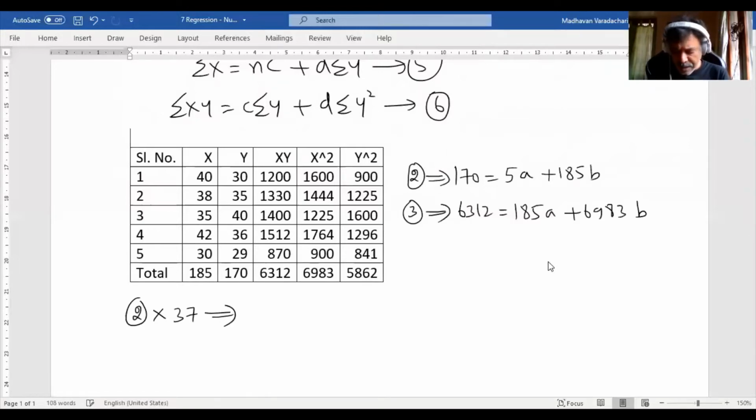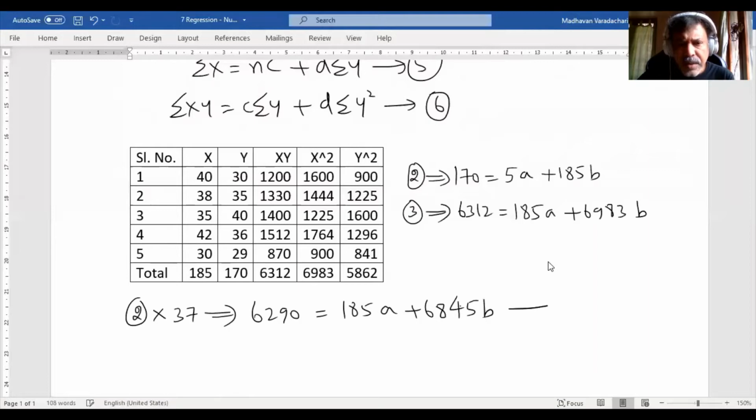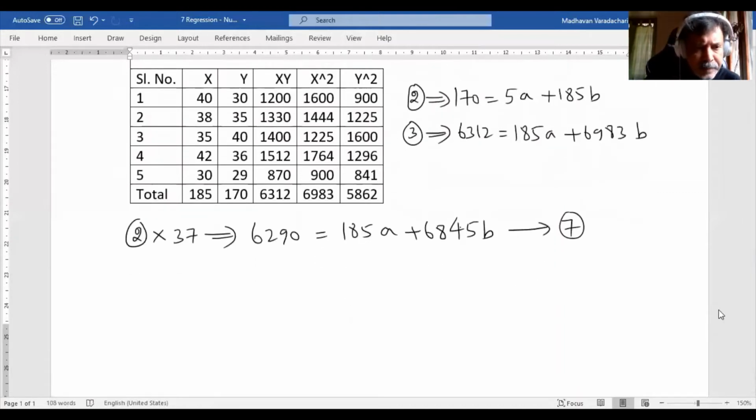So now let us do 37 into 170. We get 6290 is equal to 185 times a plus 185 into 37, we get 6845 times b. Let us call this equation 7, as we already wrote till 6. Now, let us subtract the third equation minus the seventh equation.